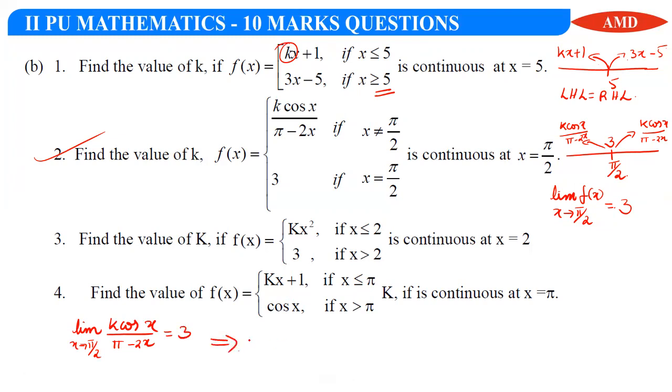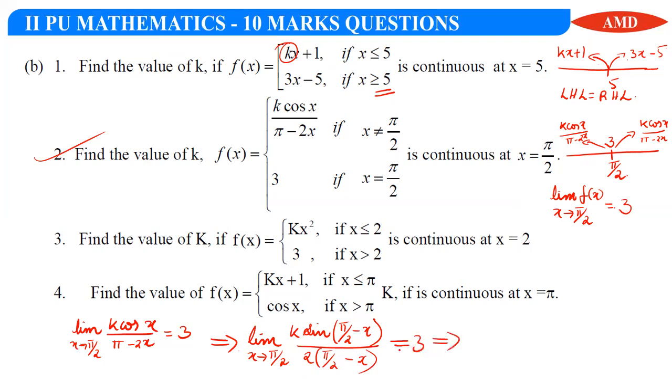This implies limit x tending to pi by 2. I'll make a little modification, that is cos x, I'll write it as sine of pi by 2 minus x whole divided by, taking out 2 common here, I get pi by 2 minus x, which is equal to 3.